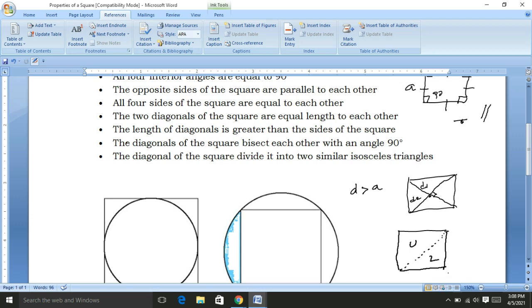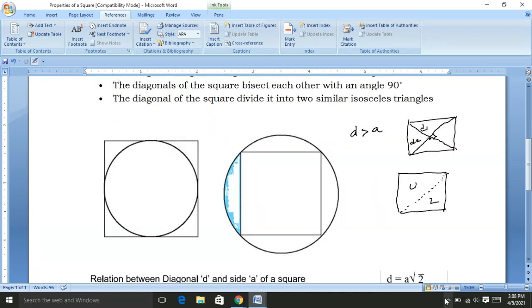Here I am going to represent two more diagrams. Here this is the incircle of the square. That means one circle is drawn inside the square touching all the sides, right? And this is the circumcircle of the square.